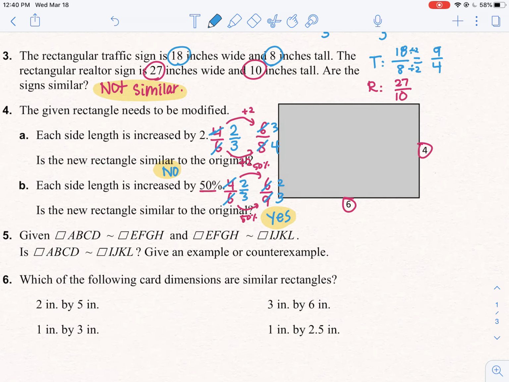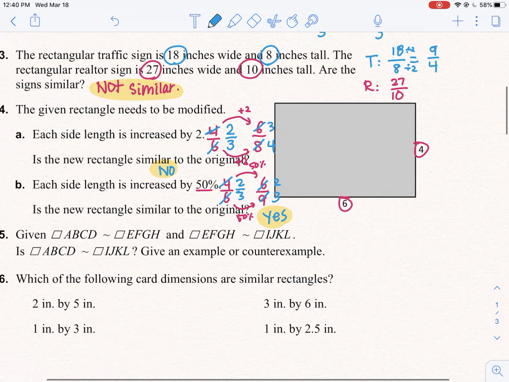Number 5, given quadrilateral ABCD is similar to EFGH, and EFGH is similar to quadrilateral IJKL. So, are they going to be similar or not?